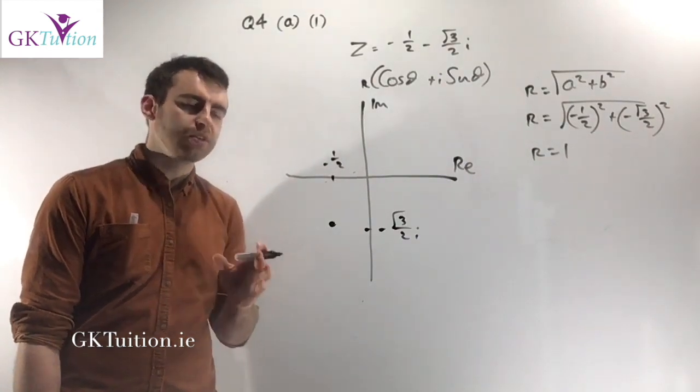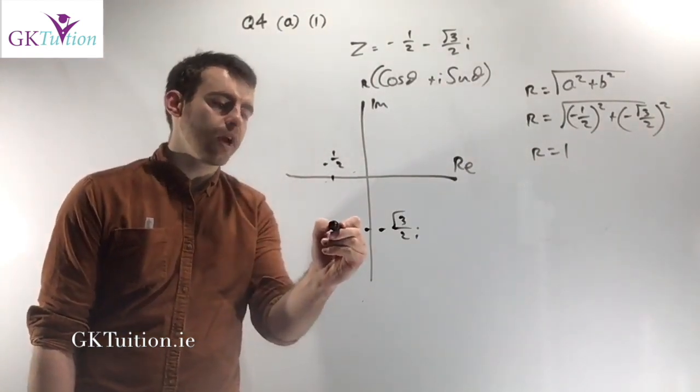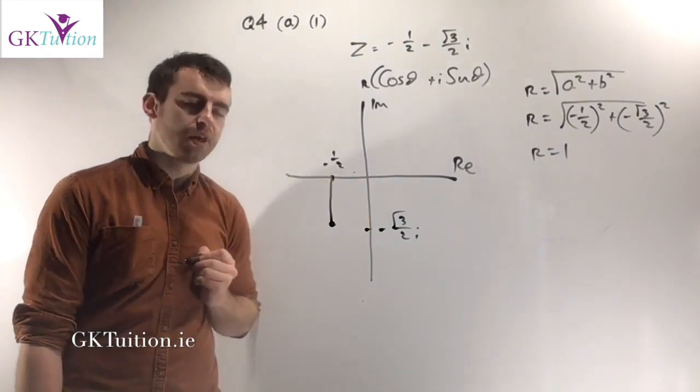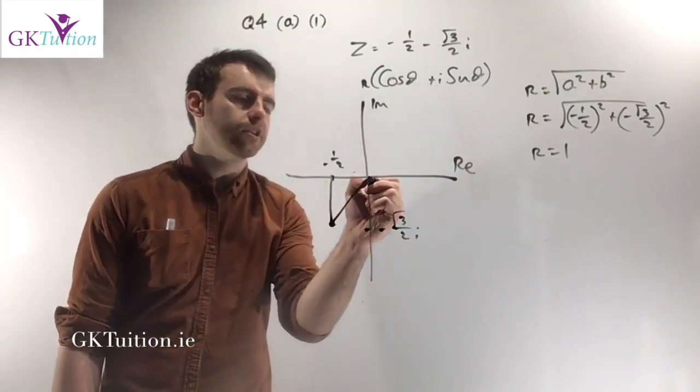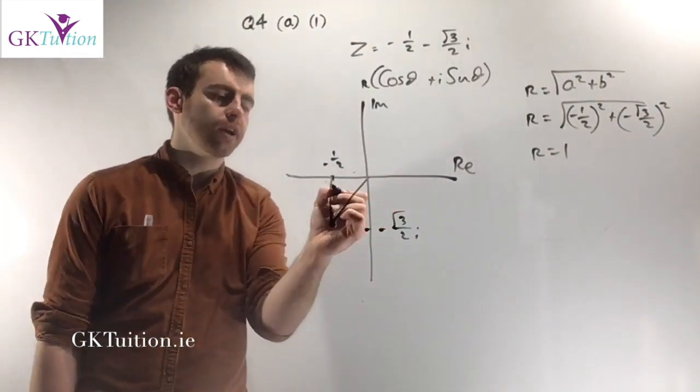What I now need to do is form a right angle triangle by joining my complex number to the horizontal line and then to the origin. And I've formed a right angle triangle here.